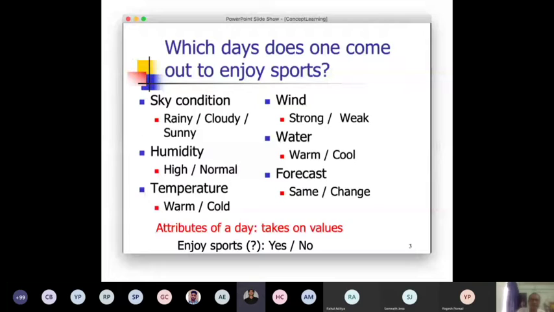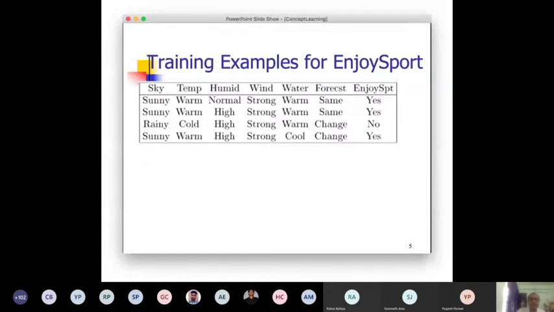6. 6 is the dimension. Yeah, it should be 96. It just multiplies. So it is basically 3 into 2 into 2 into 2 into 2 into 2. Is it clear? Okay. So that makes 96, because you are taking one of those values in every attribute, and that is how it is coming.